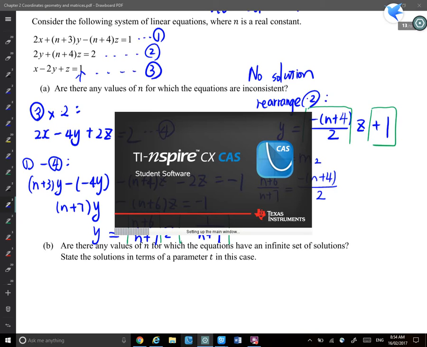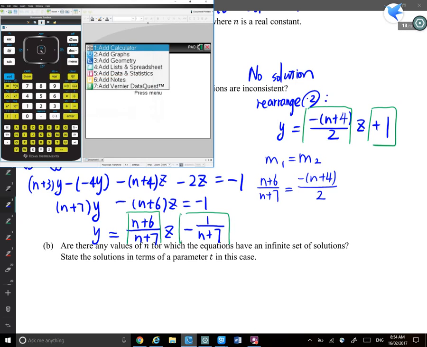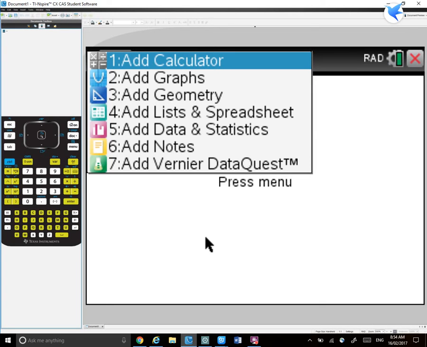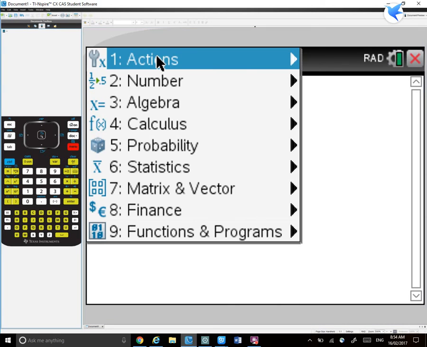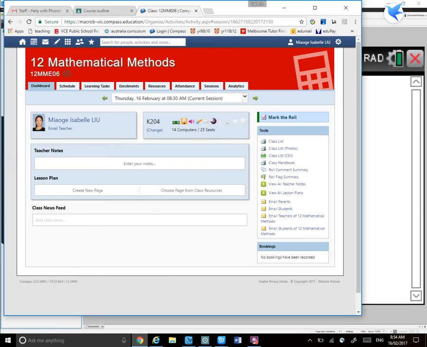We should do this by hand, but let's do it by CAS. So add the calculator. Menu number 3, number 1 to solve.